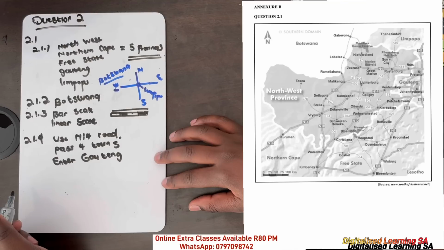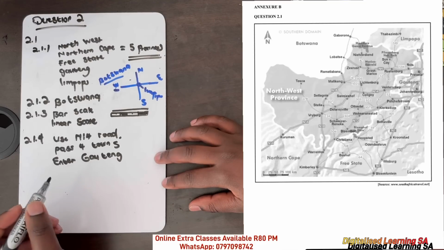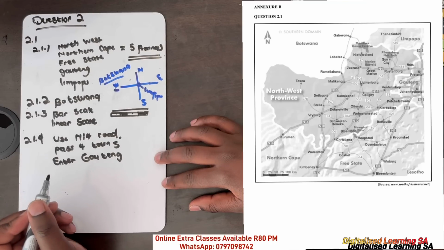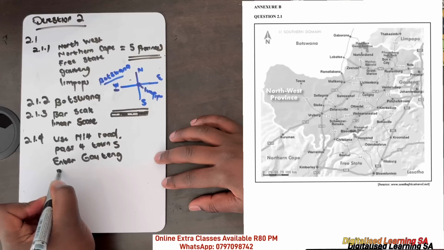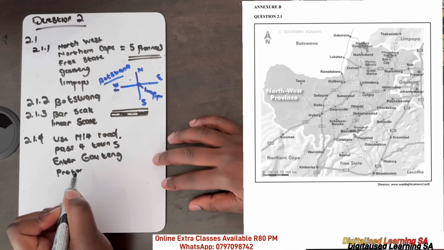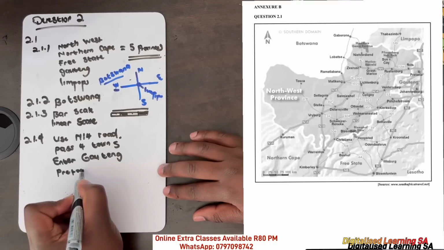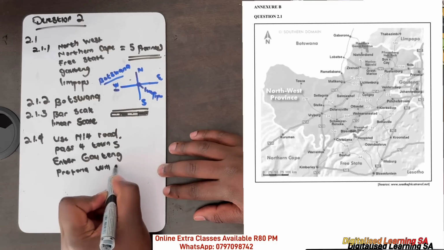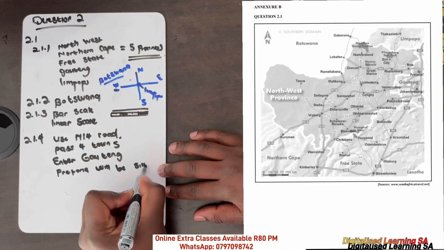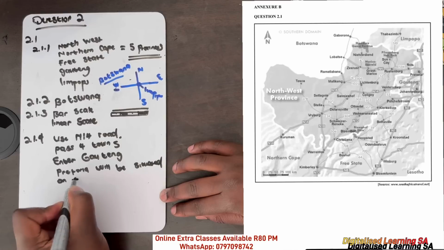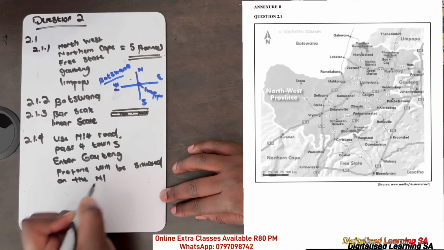So if we look at the N1, we can see that Pretoria is beside the N1. She will see that Pretoria will be situated on the N1.